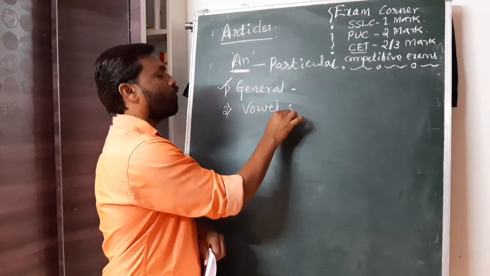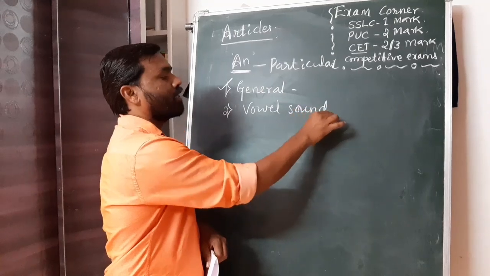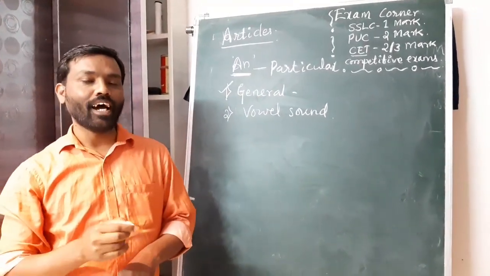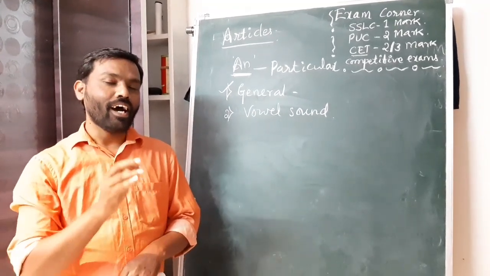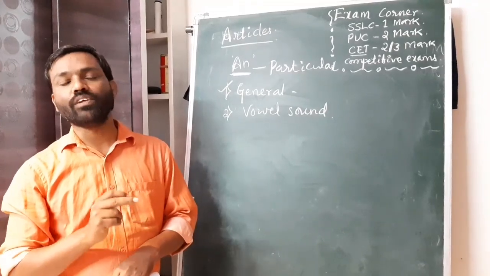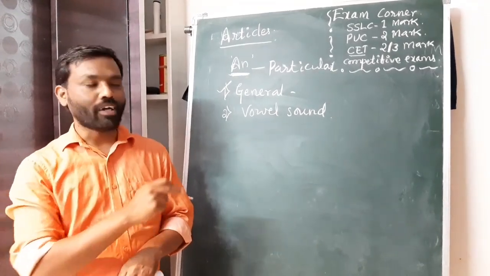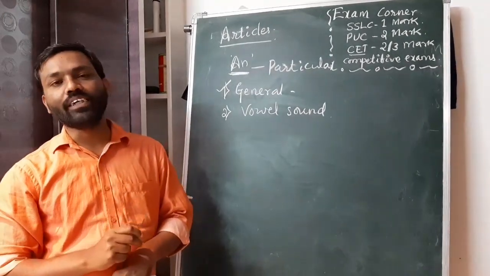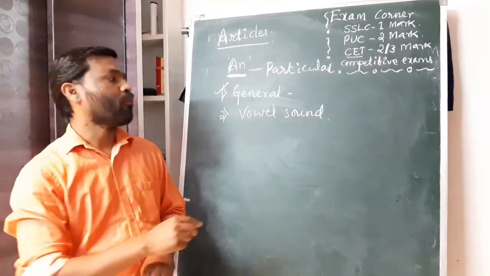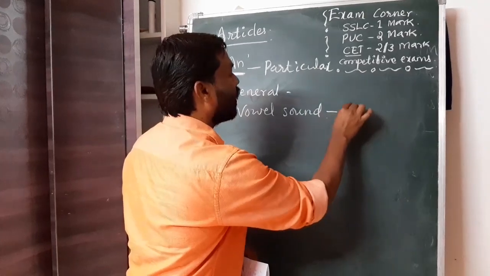A very important one: it is related to vowel sound. In yesterday's class we already discussed that the article "a" is used before a word that starts with a consonant sound. But when the word starts with a vowel sound, before that word we use the article "an".